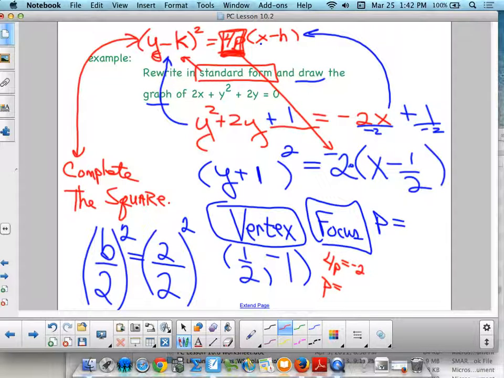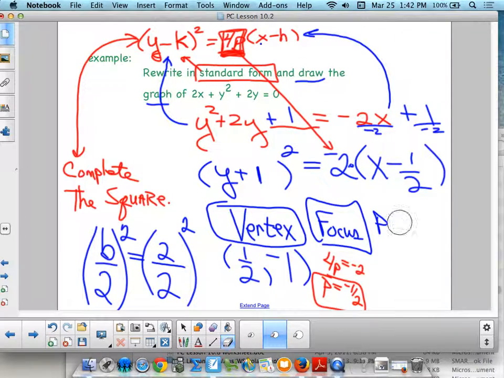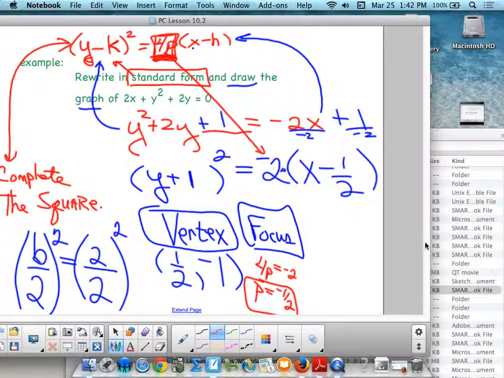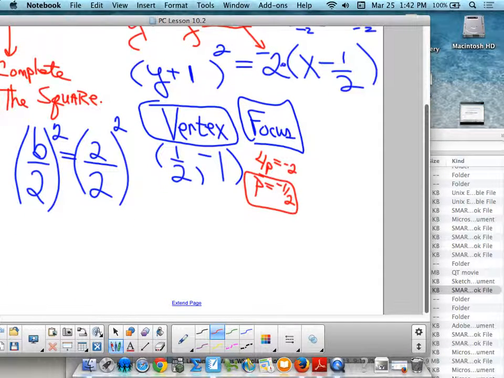P is what? Negative 1/2. Okay, that is going to help you find the focus. I got some good information up here now. I hope this is making sense to you.